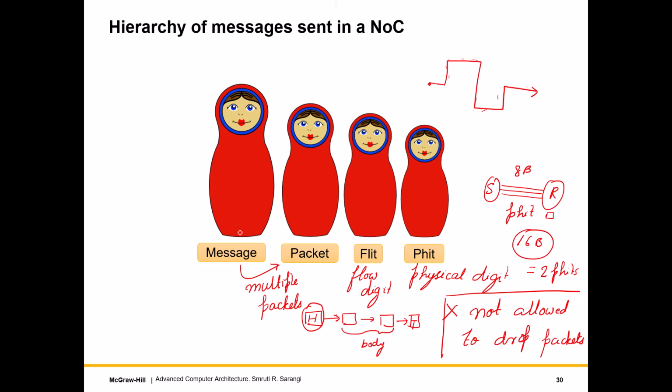So that is the broad idea of how we packetize messages and divide a packet into flits. And for a flit, all the phits go together, in the sense they are sent in consecutive cycles.